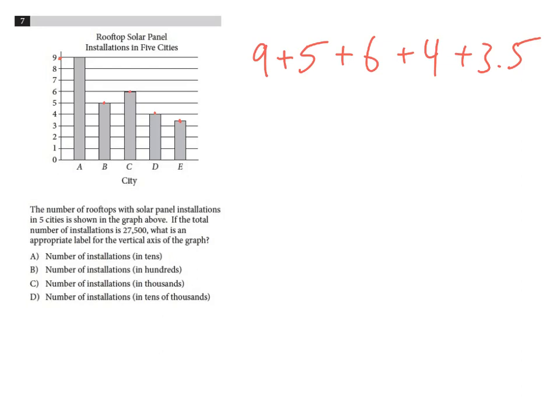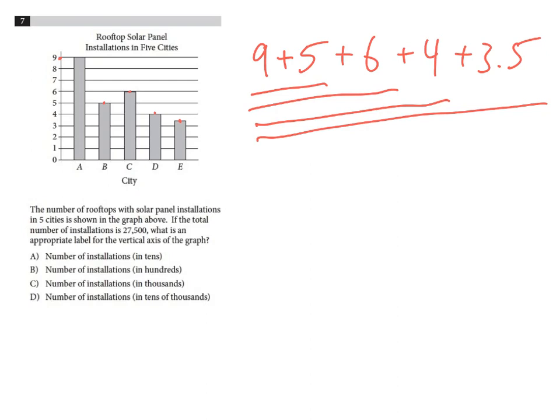So if we add that all up, we're going to get, 9 and 5 is 14. 14 and 6 is 20. 20 and 4 is 24. 24 and 3.5 is 27.5. So there are 27.5 units accounted for on this graph, and we see that there are 27,500 solar panel installations.